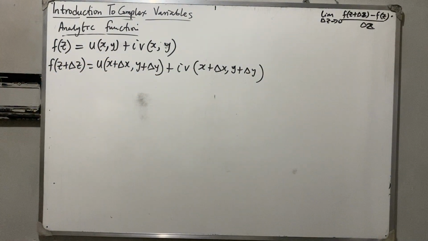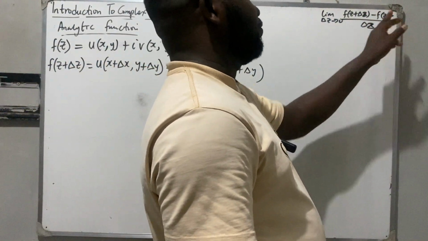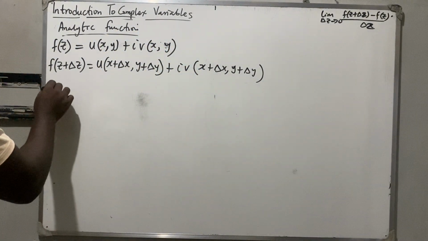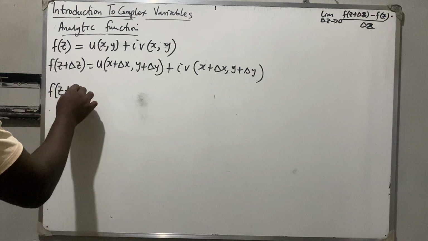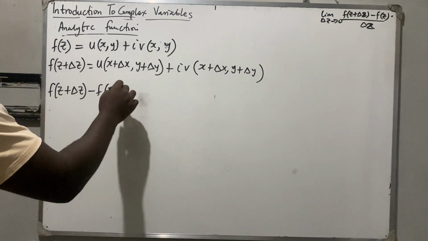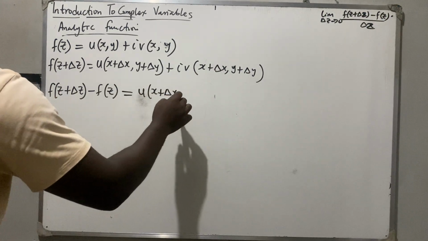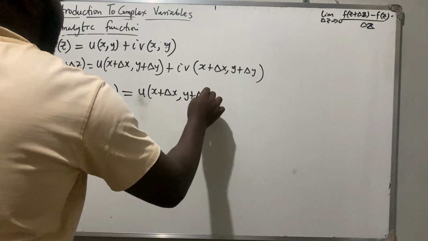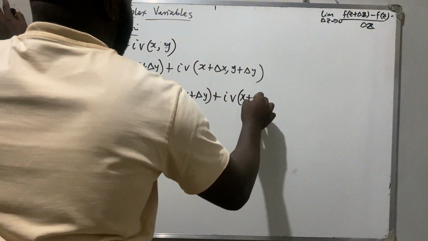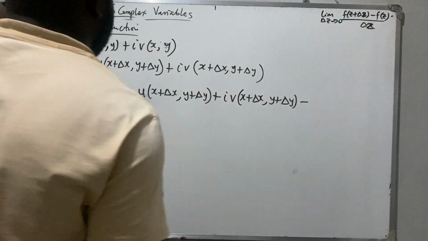Now the next thing we're going to do is to subtract f of z from it, to remove delta z from here. So f of z plus delta z minus f of z is equal to u of x plus delta x, comma, y plus delta y, plus iv in bracket of x plus delta x, comma, y plus delta y, minus f of z.